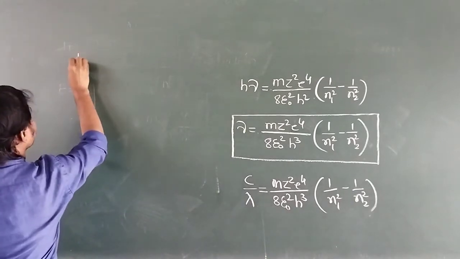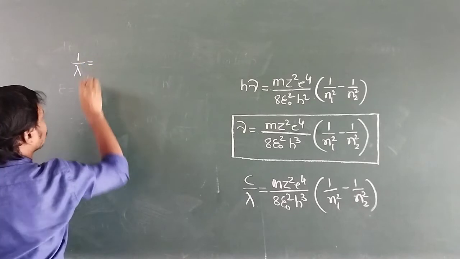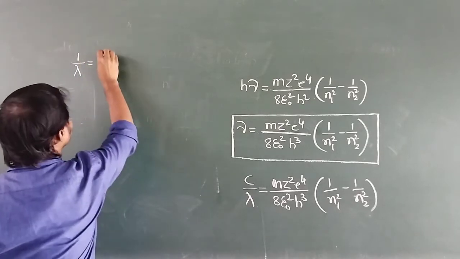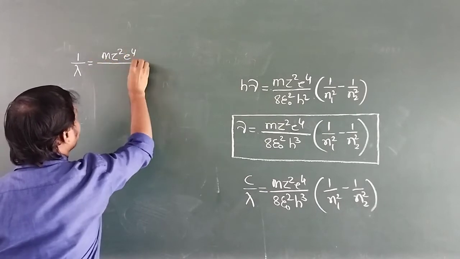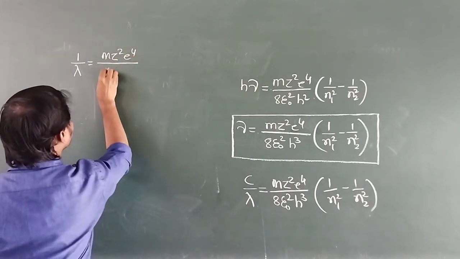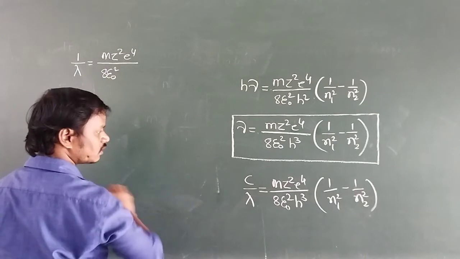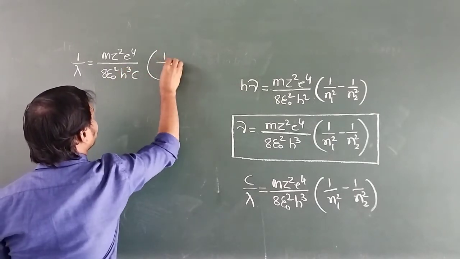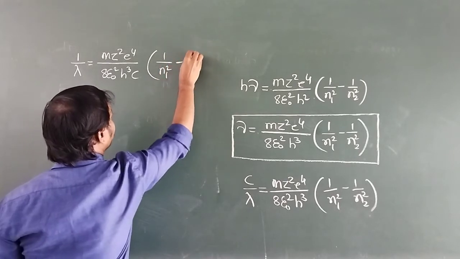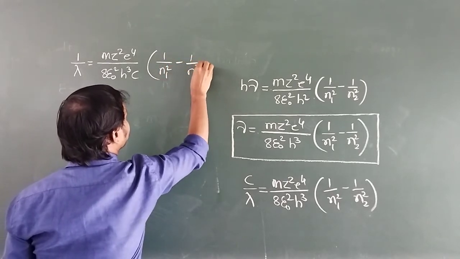Then 1 by lambda is equal to m z square e to the power of 4 divided by 8 epsilon naught square h cube into c into 1 by n1 square minus 1 by n2 square.